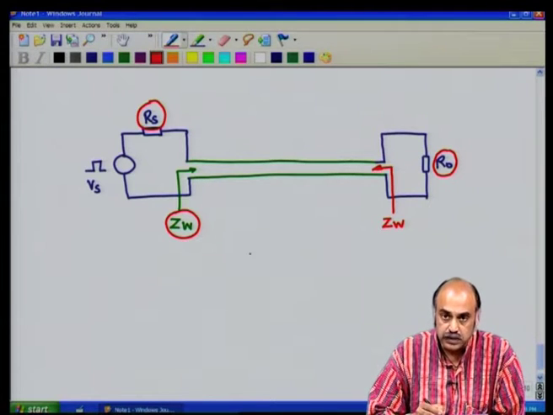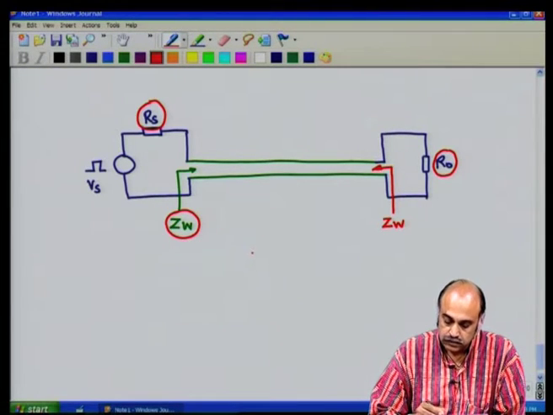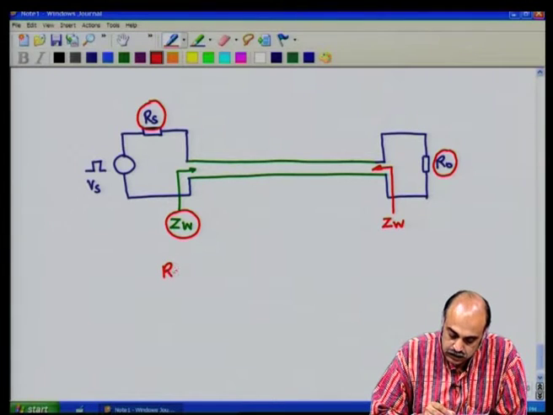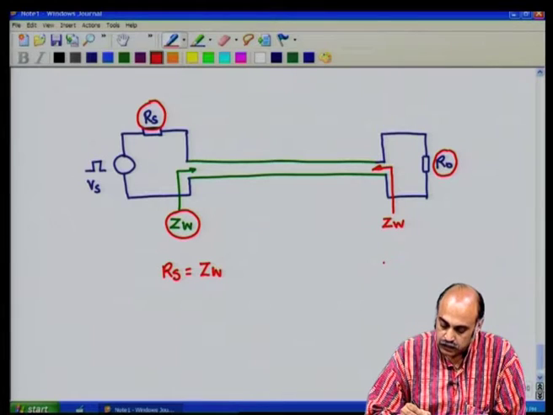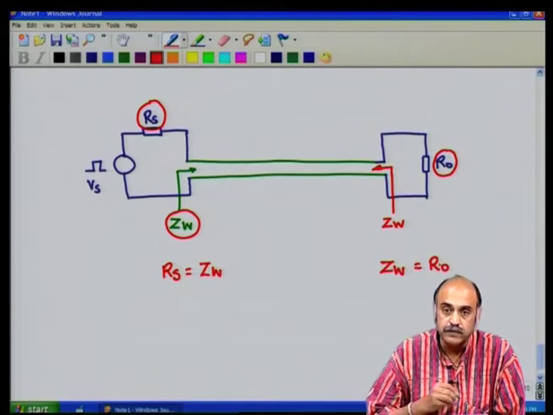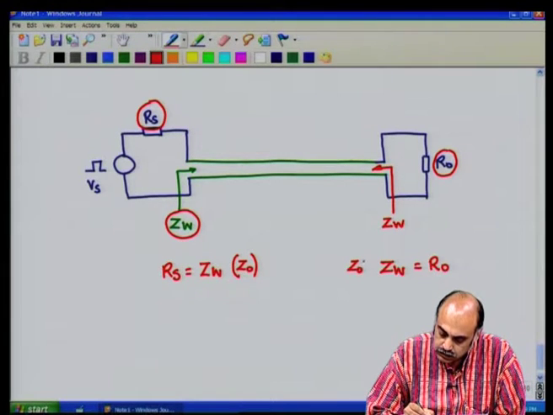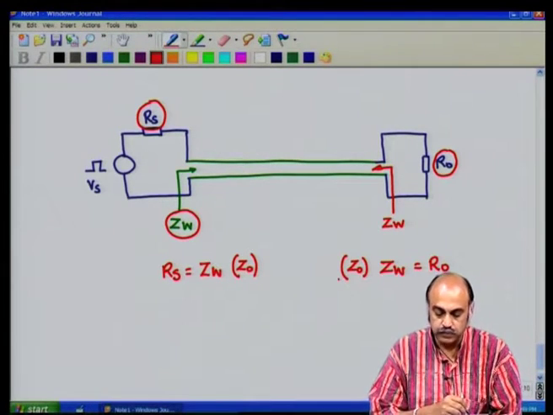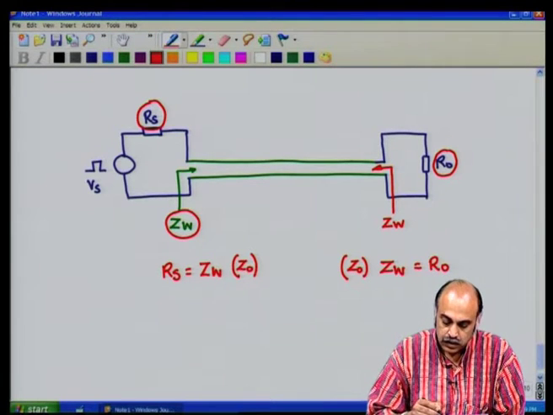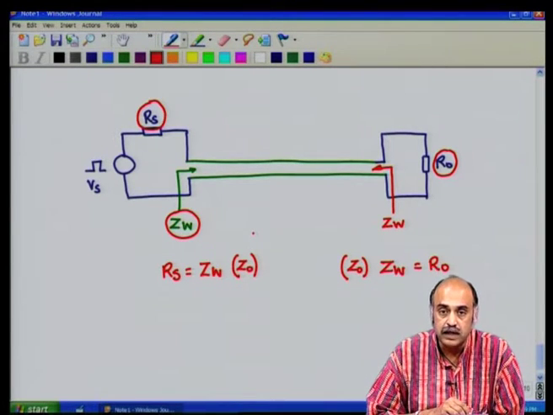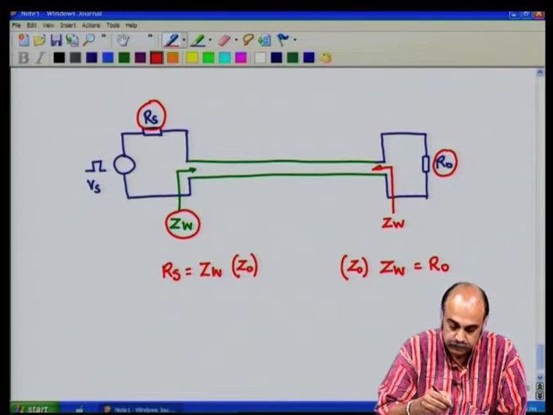The solution to this, of course, is to have RS equal to ZW, or ZW equals R naught on this side. And we have seen in the last class, instead of ZW we have used Z naught. It is common to use Z naught too to denote the characteristic impedance of the transmission line.